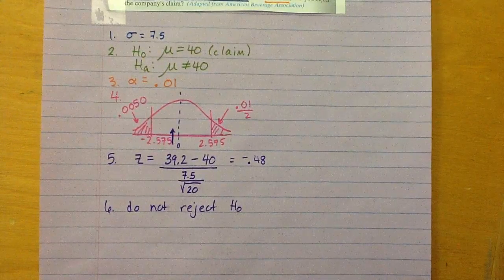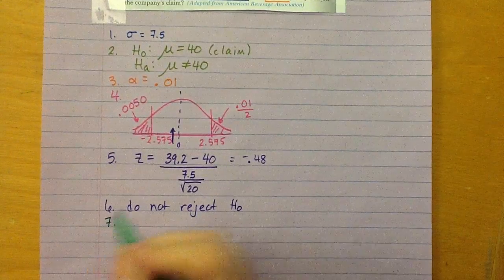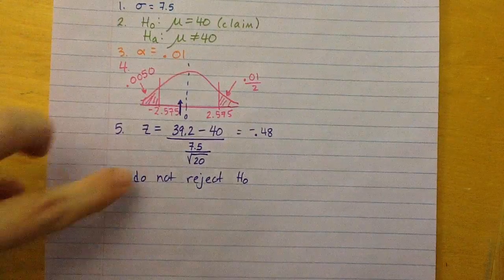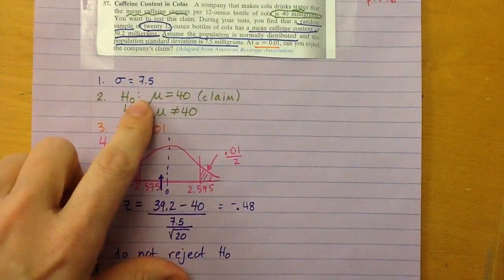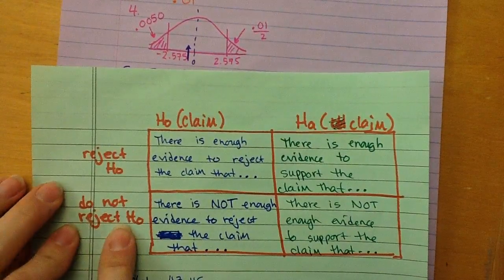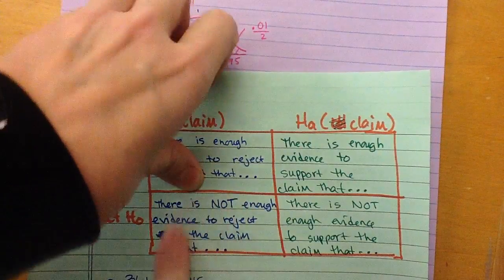So then step 7, that's the long one where we got to write out the little sentences based on that table. I do not reject H sub 0, and my claim was H sub 0. So I do not reject H sub 0, so I'm saying there's not enough evidence to reject the claim.